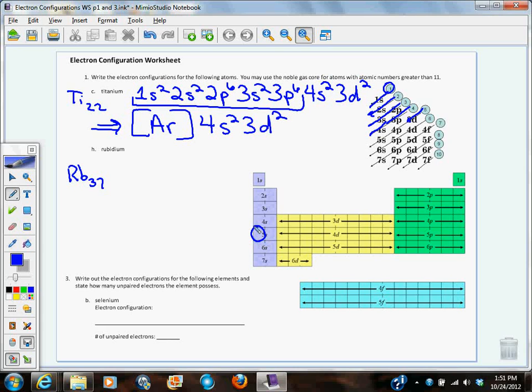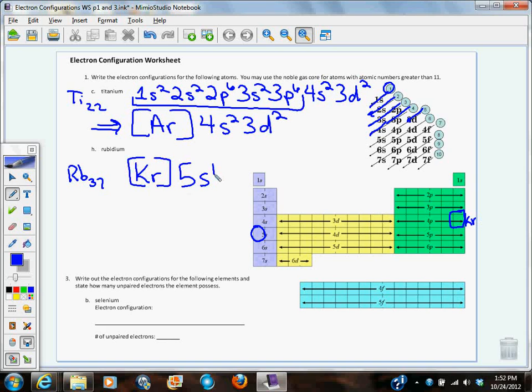It's right here. Well, this would be pretty easy. The noble gas is right here. I just have to identify which noble gas that is. It turns out for rubidium, the one on the row right above it is krypton, Kr. So for this one, I'd write Kr for krypton, indicate it's the core, and then 5s1.